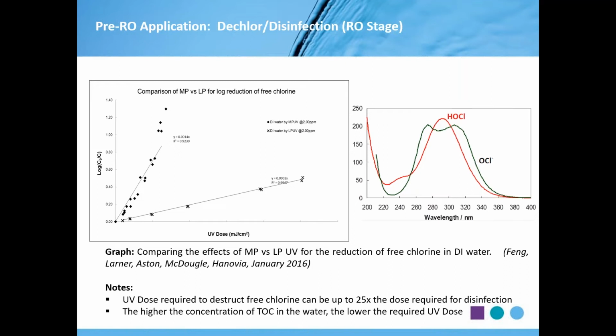It should be noted that the dose required to actually destruct chlorine is significantly higher than what would be required for disinfection. It can be up to 20-25 times the amount of dose, depending on the water quality and the amount of TOC in the water, but medium pressure is definitely an excellent option if you wanted to consider it as an alternative for dechlorination in your process.